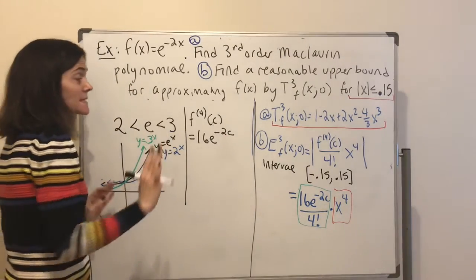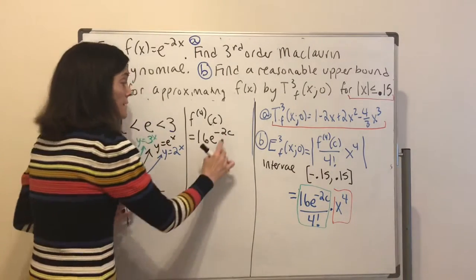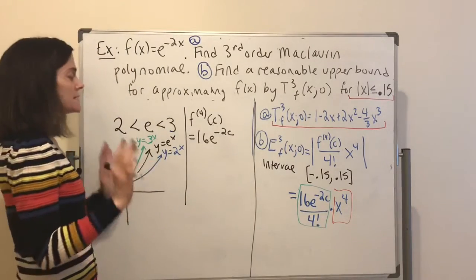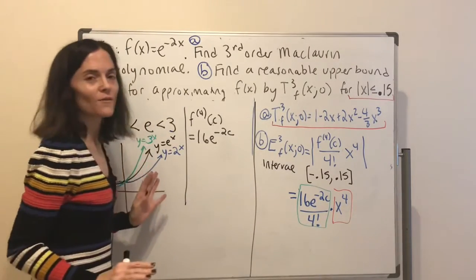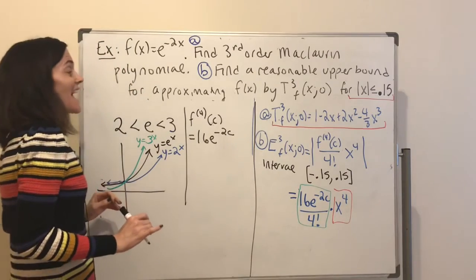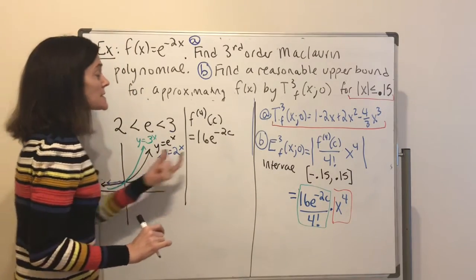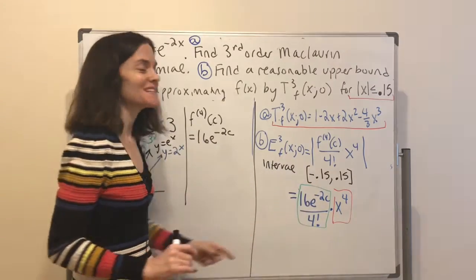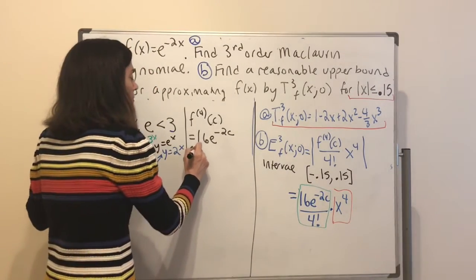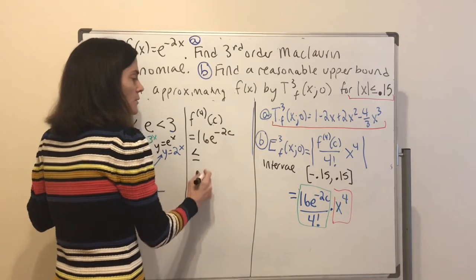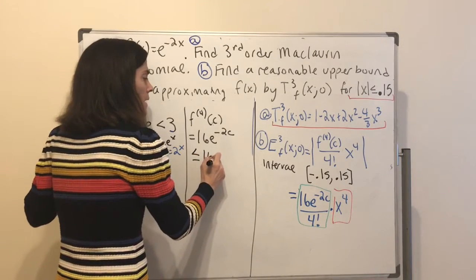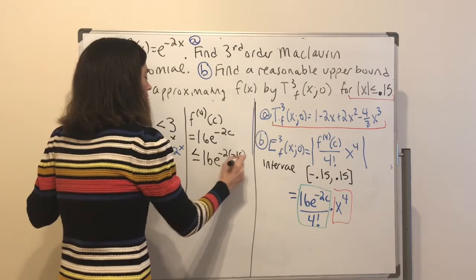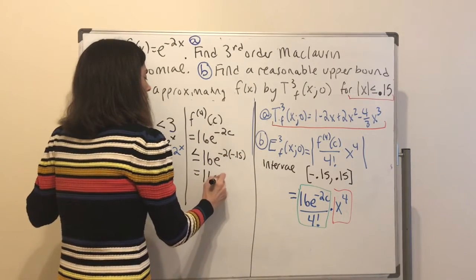Well, if y is e to the x is increasing, this function will be decreasing, because it's a 1 over an increasing function. And then this is going to be the biggest at the left endpoint as we discussed in our last example. This is less than or equal to 16e to the minus 2 times minus 0.15, which is 16e to the 0.3.